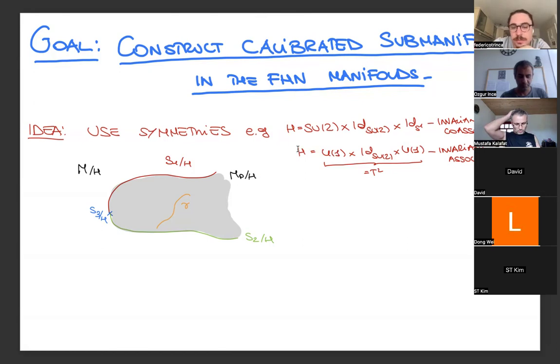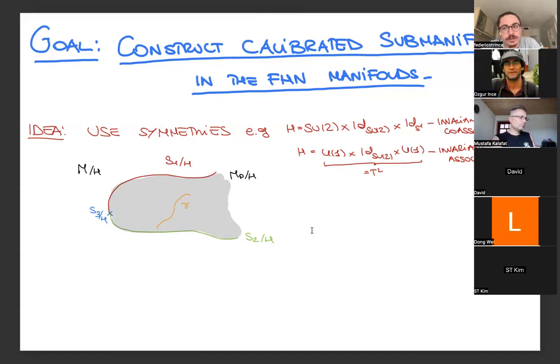Let me just mention that T2 invariant associatives should also play a crucial role in counting associatives, and a lot of fancy technology that I'm not the expert about. But what is important is that, as I mentioned last time, when we have a group action on our manifold, my manifold is going to split into some singular parts and some principal parts.